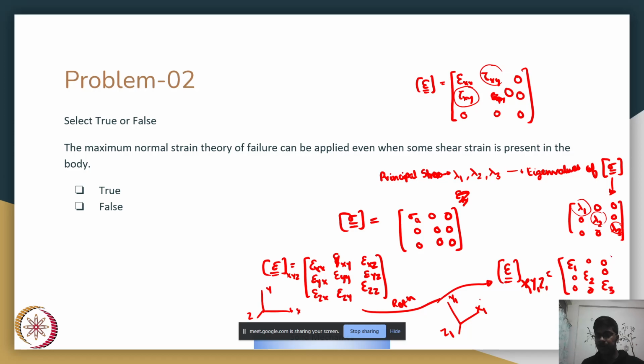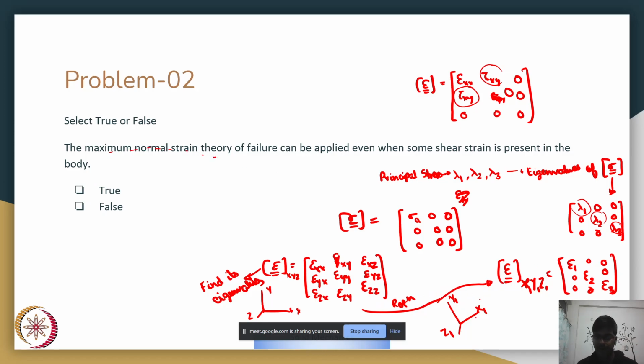How do we find the entries of the diagonal matrix? We take this and find its eigenvalues. Once you have found the eigenvalues, you have epsilon 1, epsilon 2 and epsilon 3, and you want to compare this with the maximum possible, since it's the maximum normal strain theory.